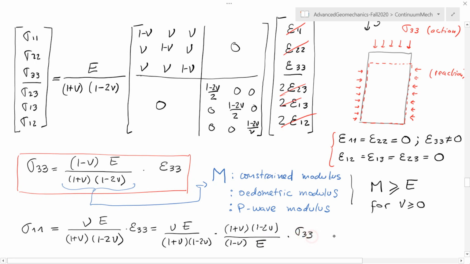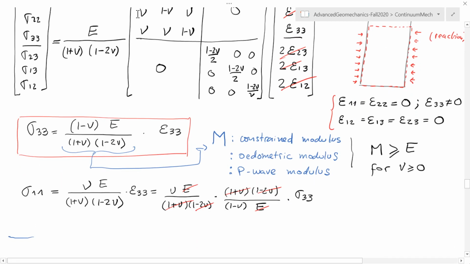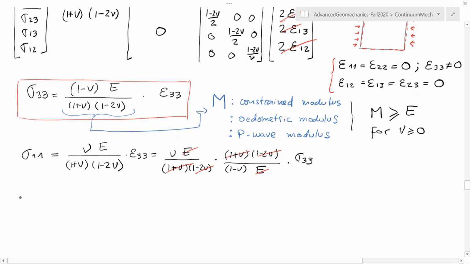That is epsilon 33. And from here, we can see right away that we can cancel out some terms like this one, that one, even the Young modulus. The Young modulus cancels out, and as a result, sigma 11 is going to be equal to the Poisson ratio divided by 1 minus the Poisson ratio times sigma 33.